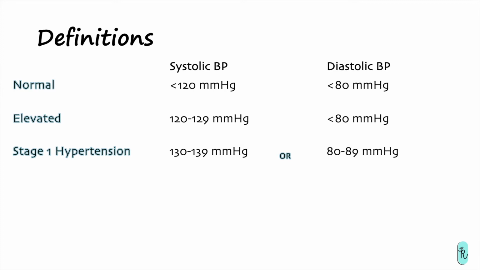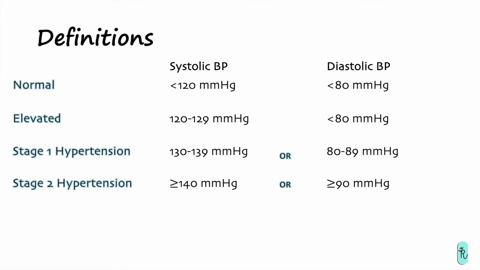Now we can move on to our definitions of hypertension. Stage 1 hypertension is defined as a systolic blood pressure between 130 and 139 millimeters mercury or a diastolic blood pressure of 80 to 89 millimeters mercury. Stage 2 hypertension is defined as a systolic blood pressure greater than 140 millimeters mercury or a diastolic blood pressure greater than 90 millimeters mercury.